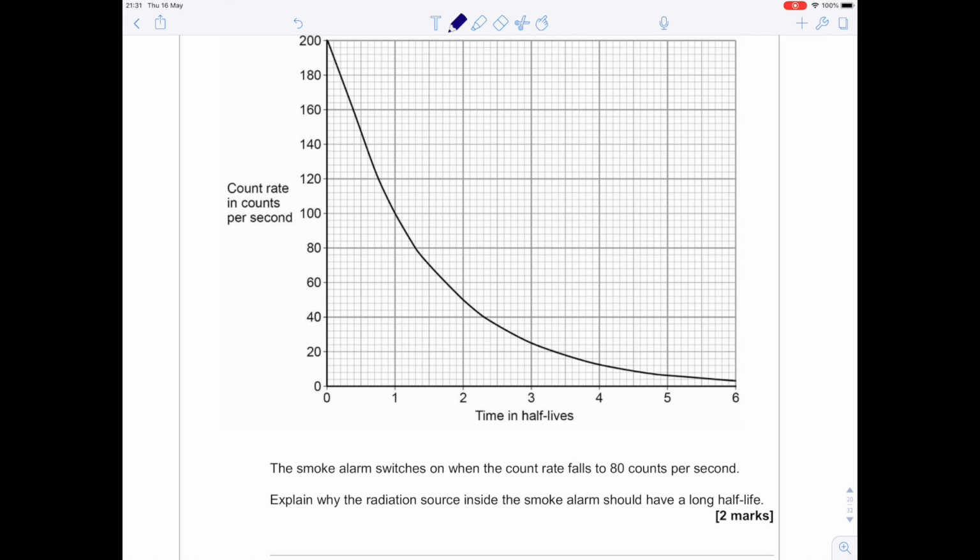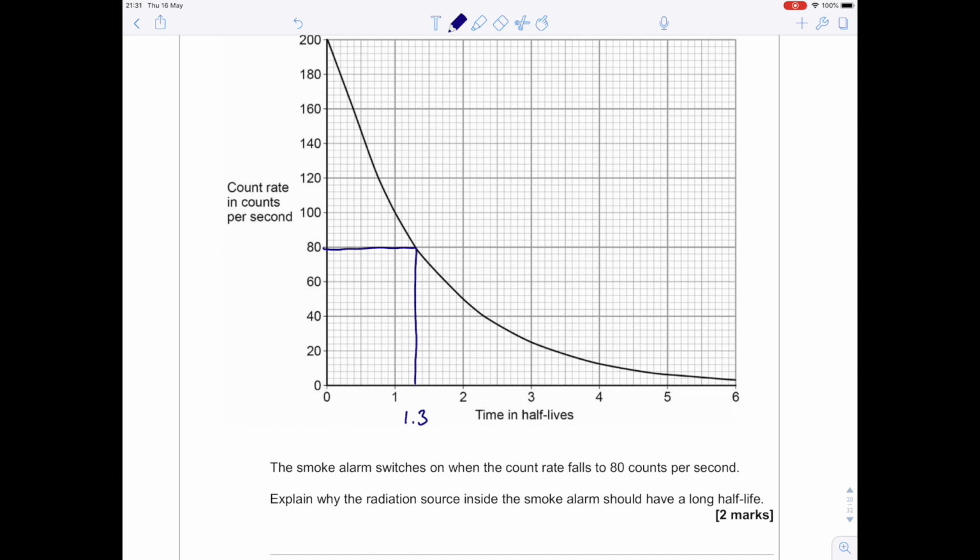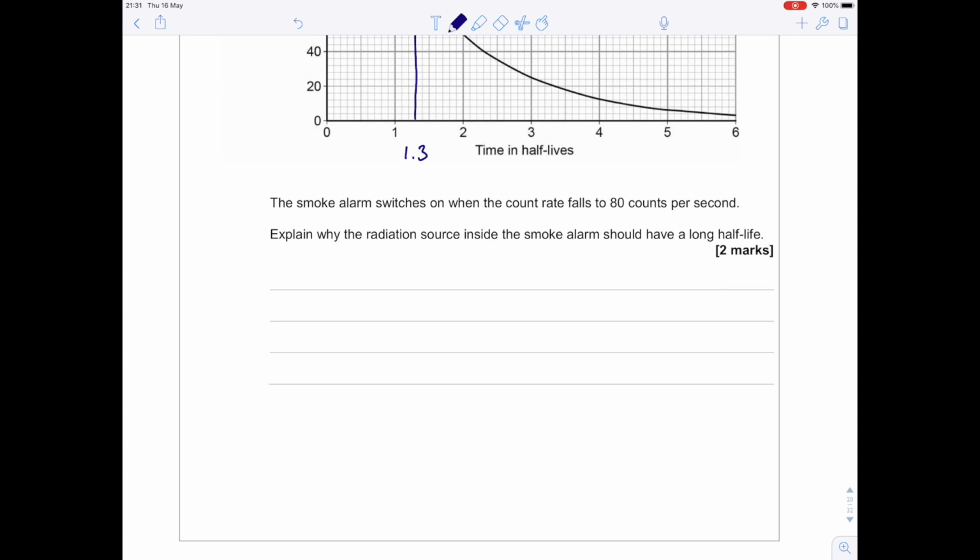So actually what we have to do is look at what the graph is telling us. So let's have a look first of all at 80 counts per second. That time in half-lives would be 1.3 half-lives. So let's just make a really bland comment.